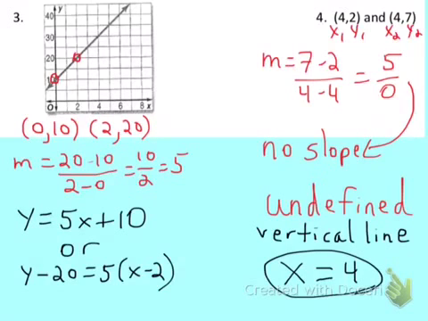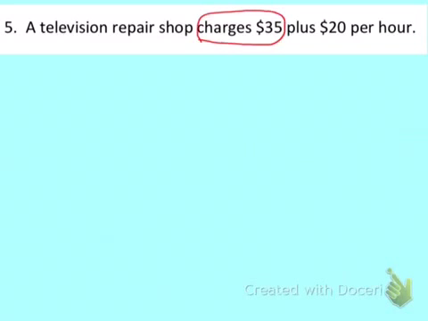So, for example, if we had a horizontal line that crossed the graph at the point, let's say 0, 6, the equation of that line would be y equals 6. So that's a trick for remembering how to write the equation of a vertical line. It only crosses the x-axis, so it's just going to be x equals something. A horizontal line only crosses the y-axis, so it's going to be y equals something.